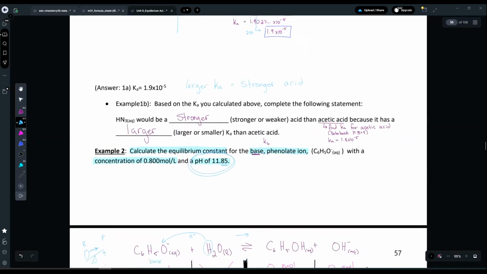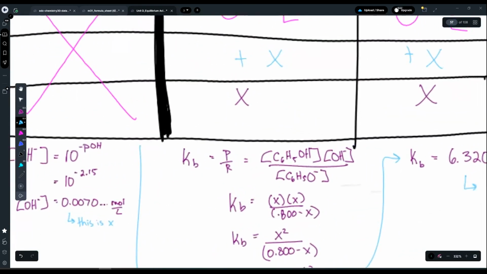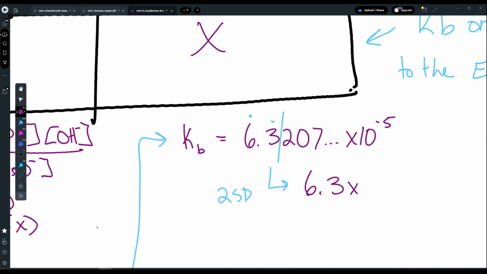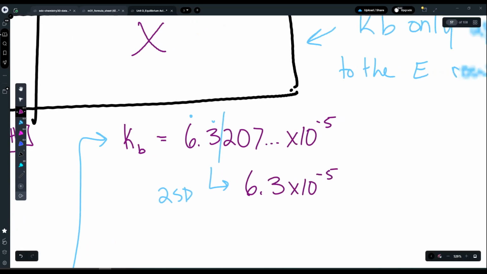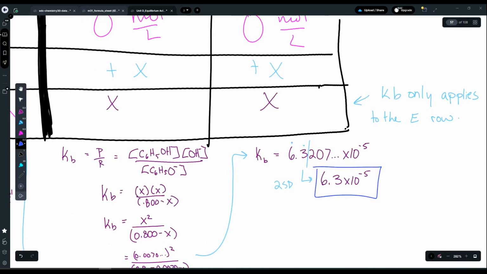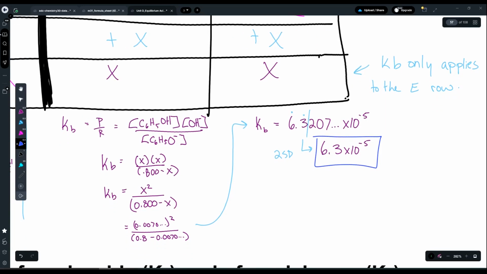You always go with the number with the least amount of sigdigs, so my final answer has to be in 2 sigdigs. So counting from the left, 1, 2, there's my cutoff line, 6.3 times 10 to the negative 5. And remember, Kb does not have any units, or any equilibrium constant does not have any units.